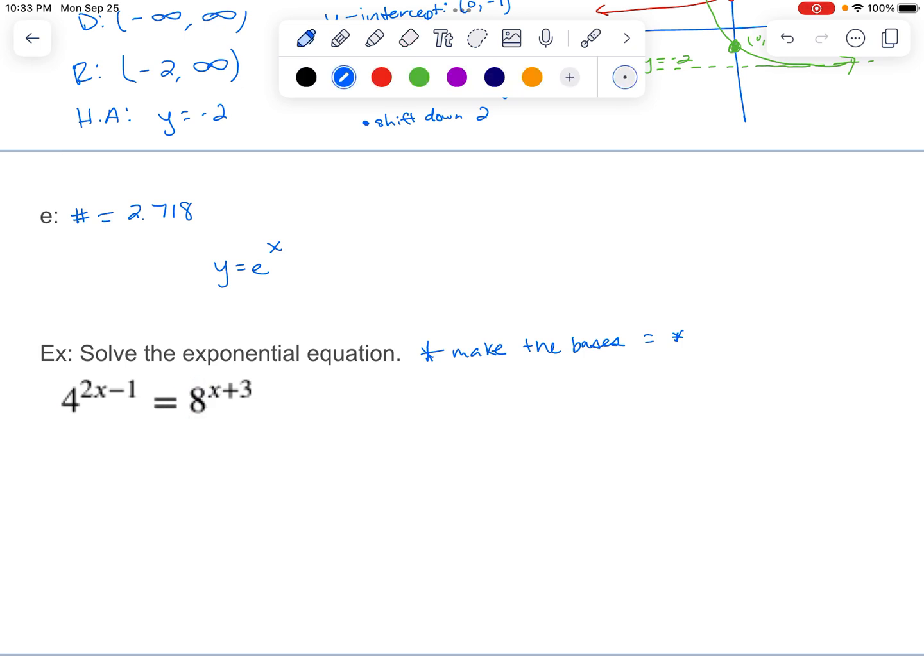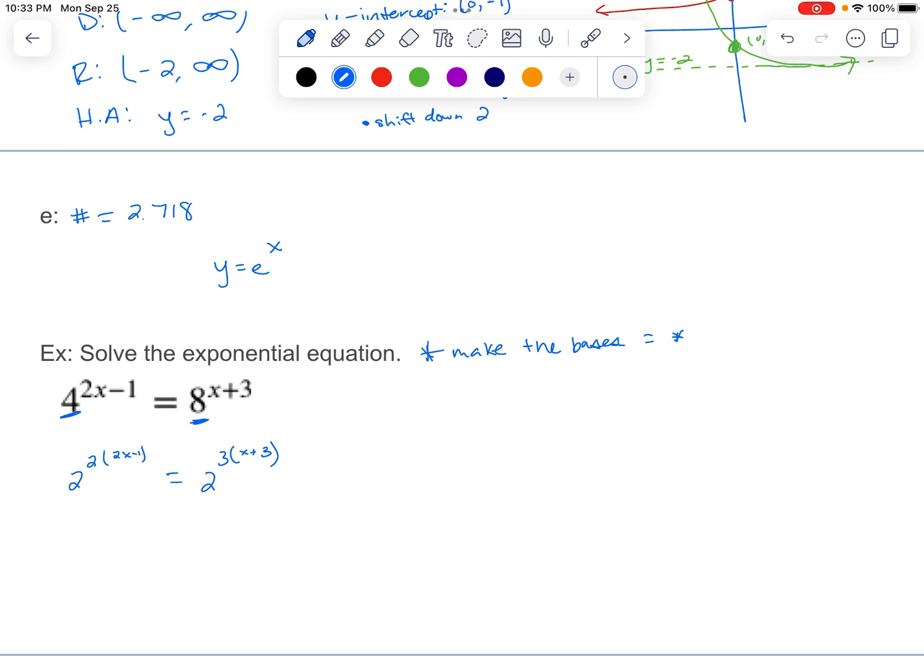The answer, of course, is yes. If I rewrite the 4, I can rewrite it as 2 to the power of 2. But because of my exponent rules, I still have that 2x minus 1. On the 8, this can be written as 2 to the power of 3, and again, drop down that x plus 3 using my exponent rules.